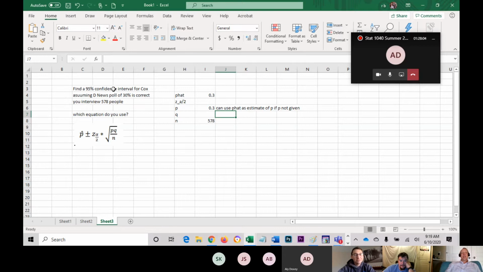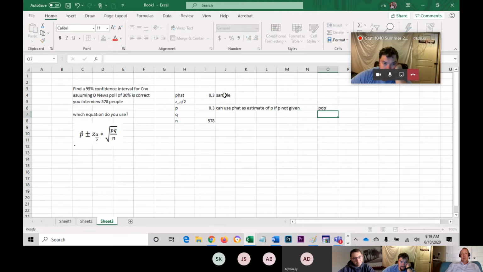Do you see why I said that 30% is P hat rather than P? Is it because that's what's given? I'm kind of confused on that actually. So P hat comes from the sample. Where does P come from? The population. And remember, the population is usually unknown.